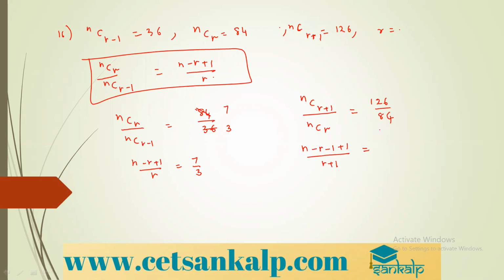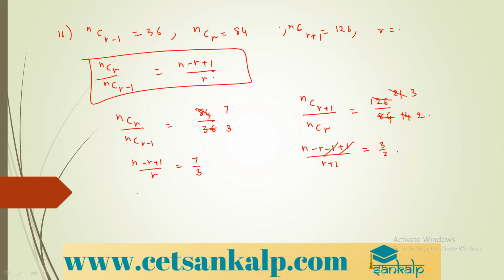This will be 6 twos, 6 ones. Then here 6 ones, 6 fours. 7 threes, 7 twos. 3 by 2. This work is not yet over because I have to find R.